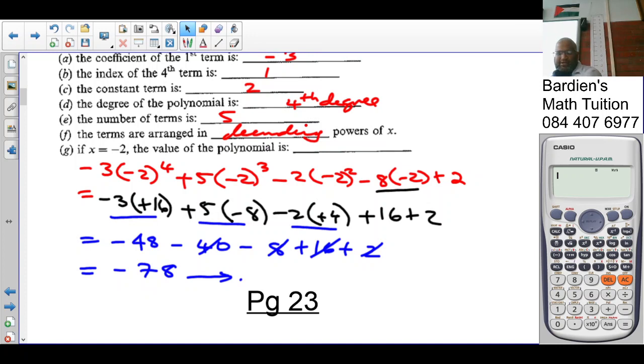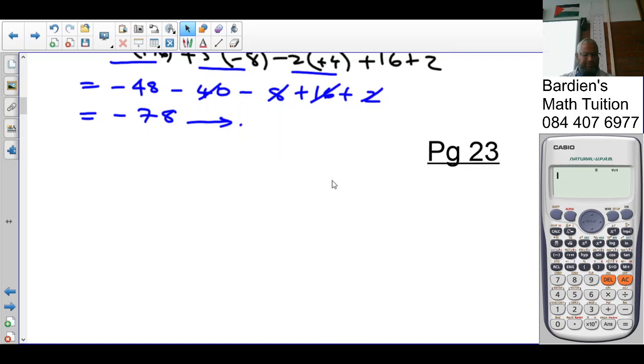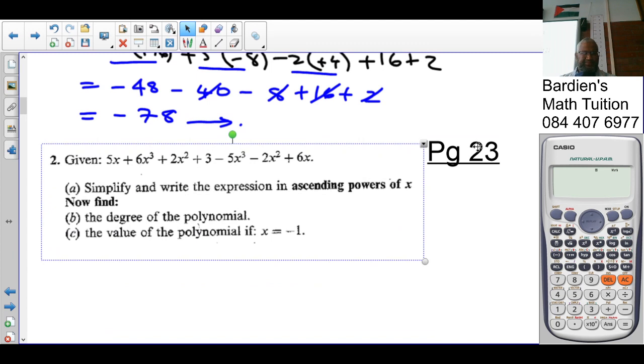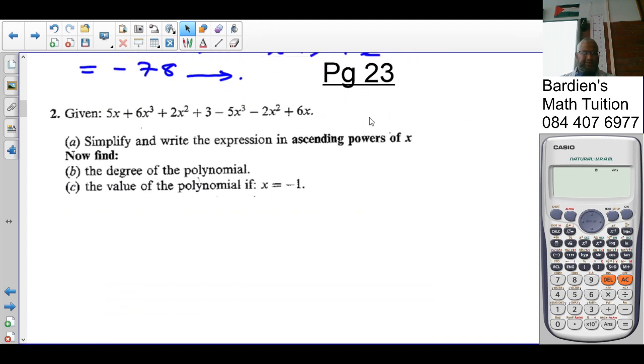Let's look at number 2 quickly. Okay, number 2 we are told, given 5x plus 6x cubed plus 2x squared plus 3 minus 5x cubed minus 2x squared plus 6x.